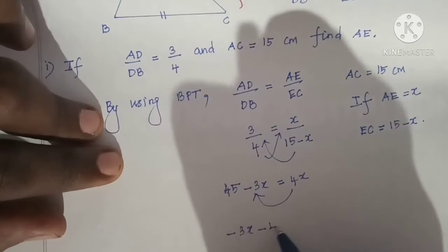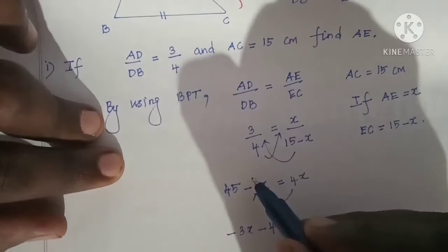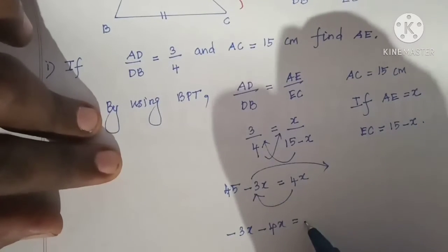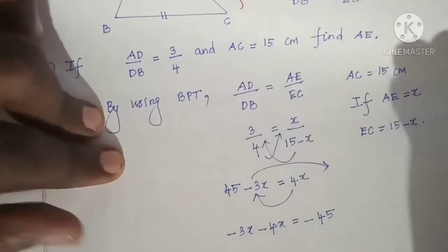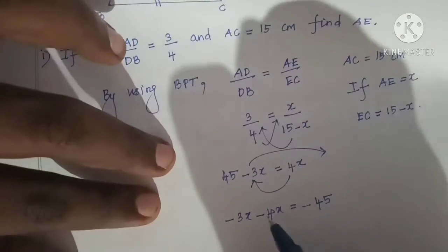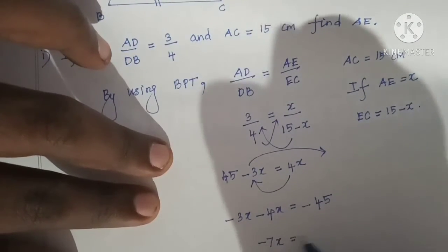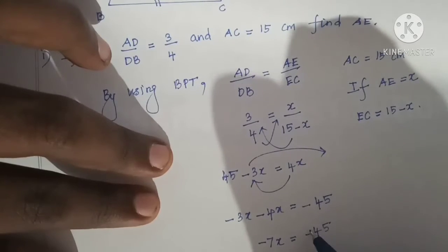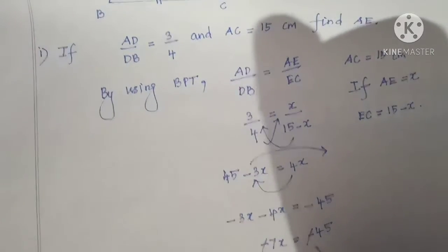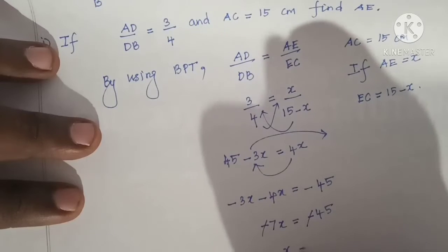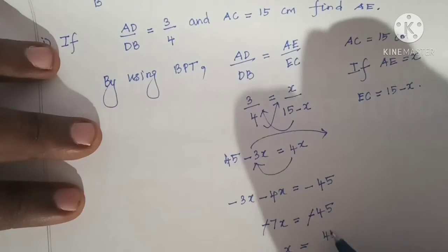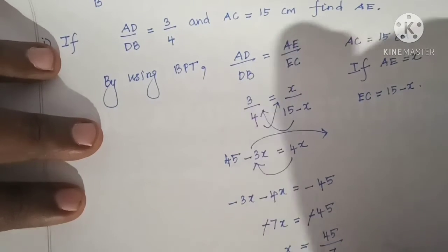Minus 3x minus 4x is equal to minus 45. So minus 3x minus 4x gives minus 7x is equal to minus 45. The minus will be cancelled, so the value of x is equal to 45 divided by 7.